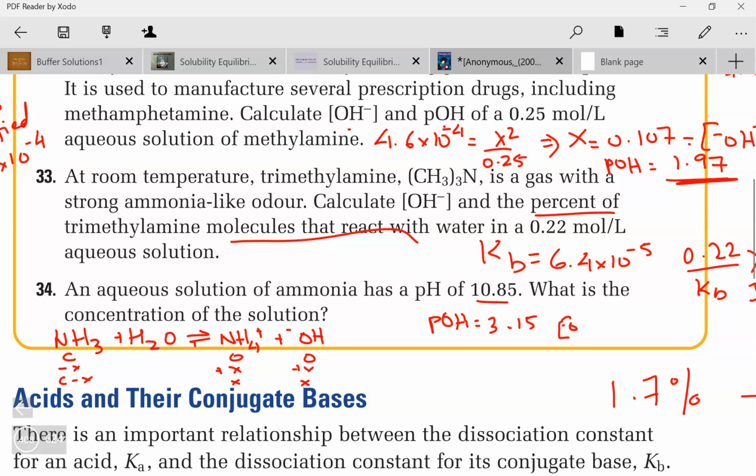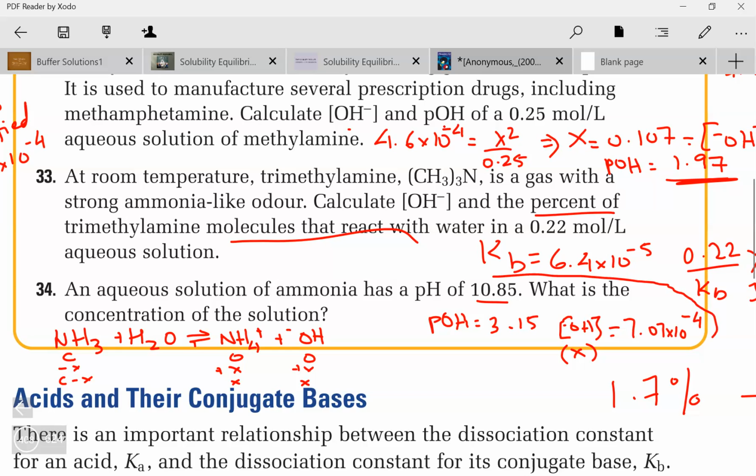OH minus concentration, which is incidentally equal to X, is equal to 10 to the power of negative POH, 10 to the power of negative 3.5, 3.16 times 10 to the power of negative 4.